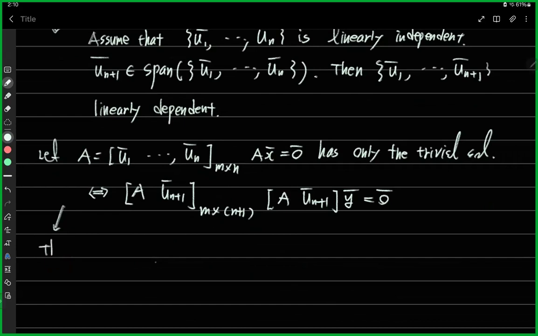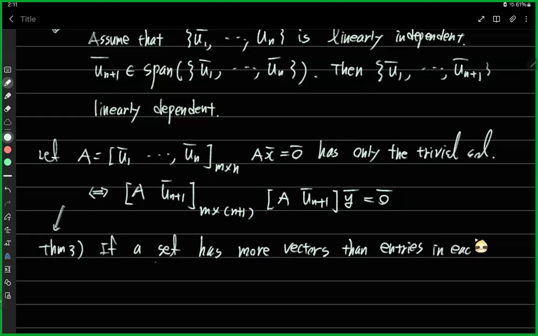Theorem 3: if a set has more vectors than entries in each vector, what does that mean?